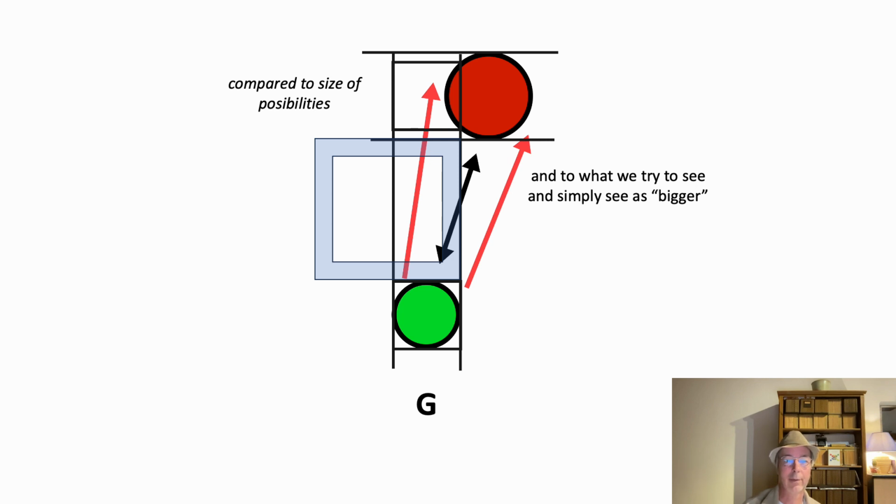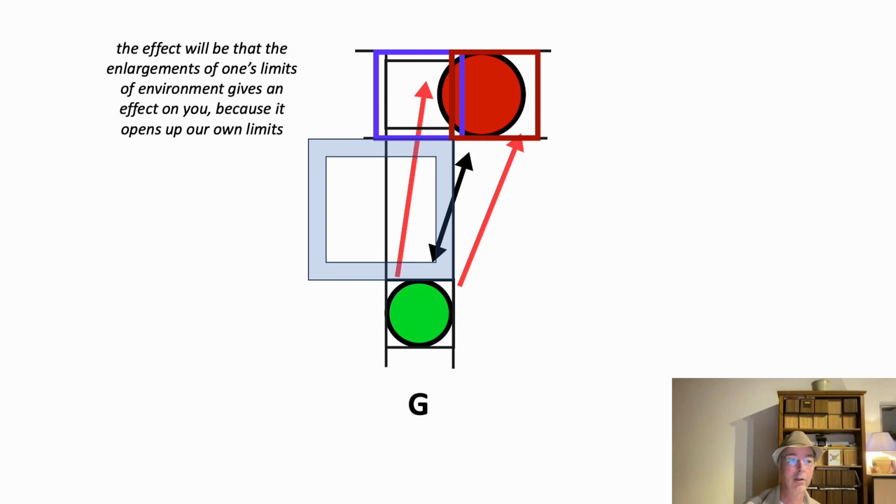But what really happens is that compared to our own measurements there will also be a surrounding area which enlarges our possibilities. So the effect will also be that there is an enlargement around us of one's own limits, and mostly it's about an environment which gives a certain effect on us.